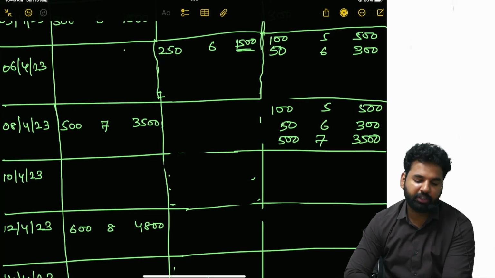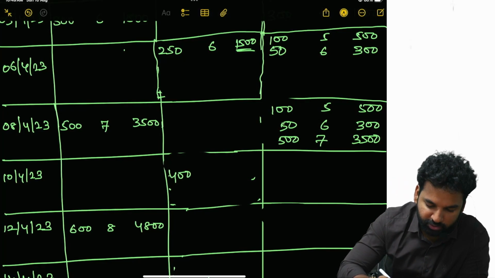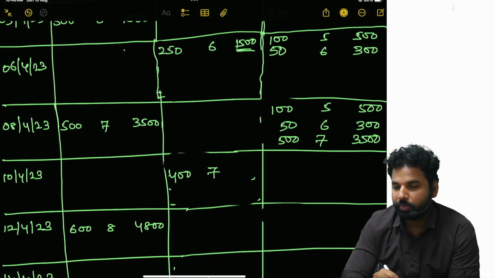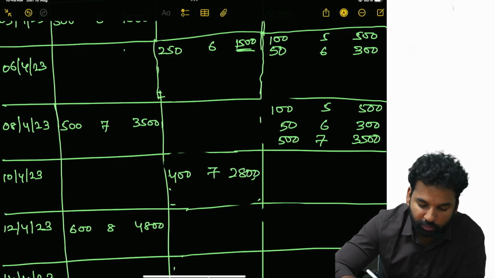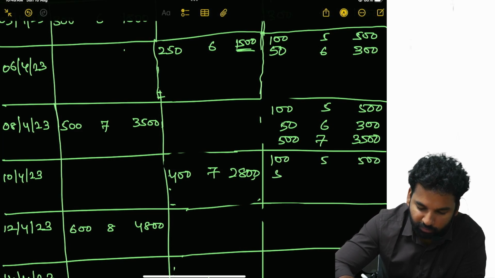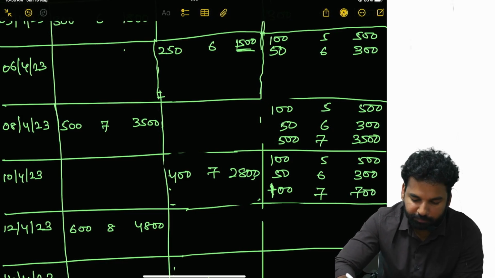Now on 10/4/23, is there any issue? How many units? 400 units issue. That will be out of the 7 rupees price lot, out of 500 units, 400 issued, which is 2800. So 100 of 5, 500, 50 of 6, 300, out of 500, 400 gone, 100 remaining, 100 into 7, 700.